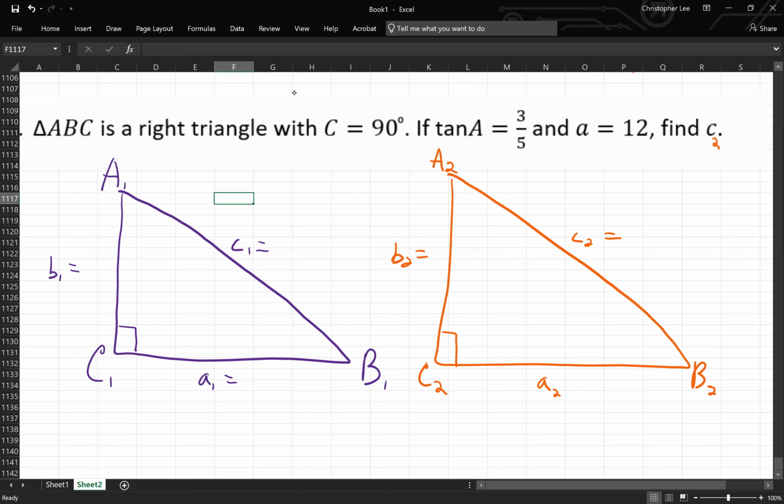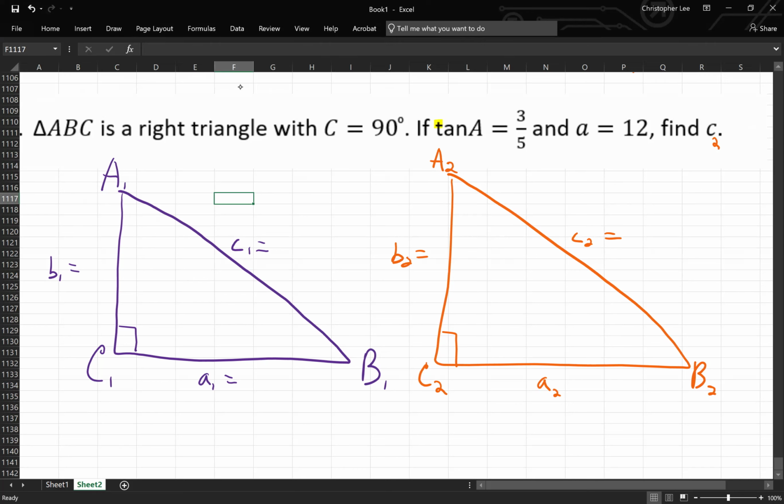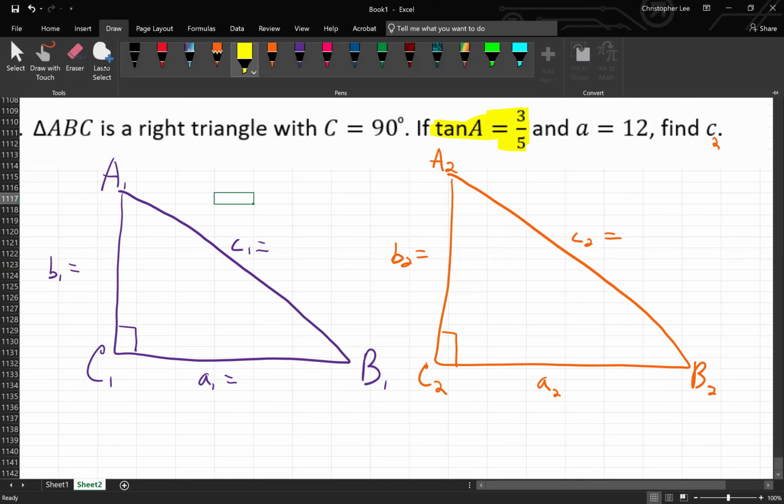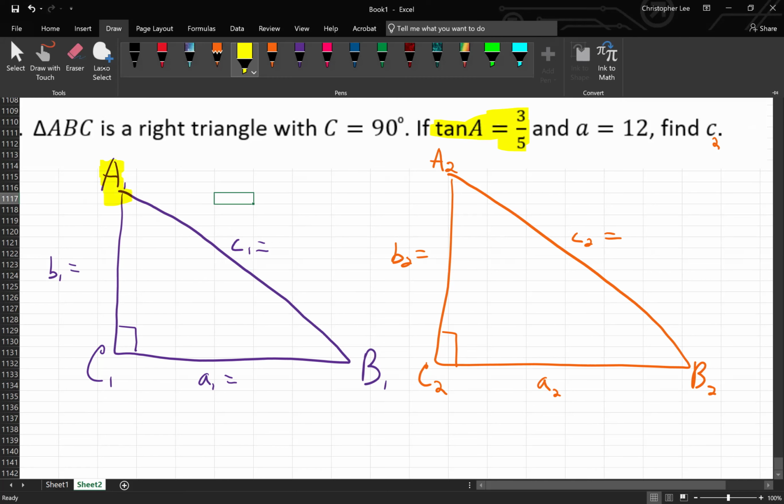So let's look at what we first have. We have that tan of A is equal to 3/5. So right here is angle A. Tan is what?